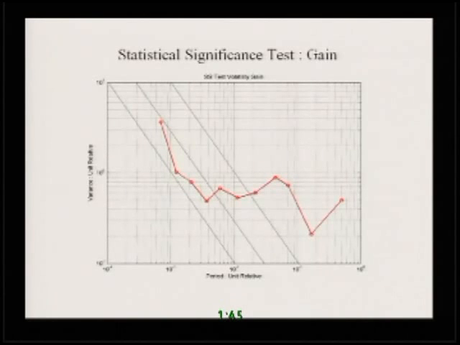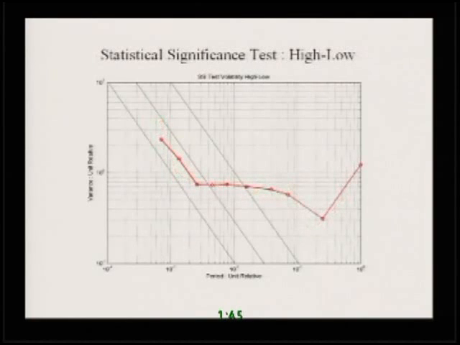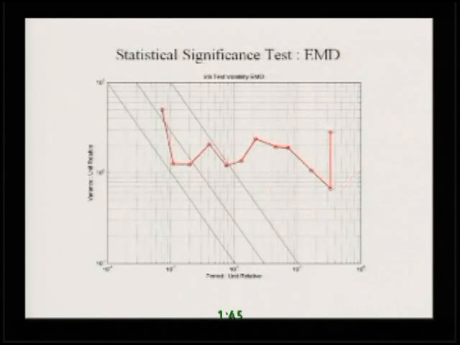So the long term, however, is not white noise. And if you use high-low, the long-term high-low again is not governed by it. It does not fall in this range. And EMD, of course, is the same.